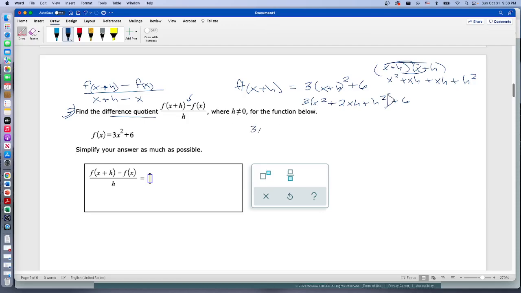We'll have 3x squared plus 2xh plus h squared plus 6. And then we're going to subtract the original function, which is this one. So we're going to subtract 3x squared plus 6. I just don't want to write things more than once. So when this distributes, it's going to be negative 3x squared and negative 6.